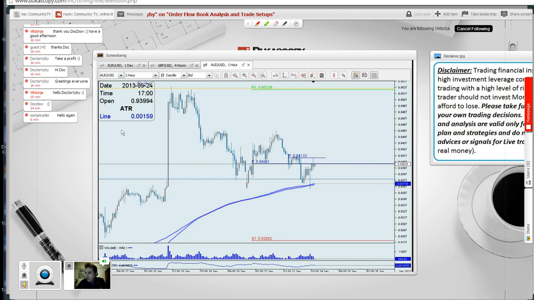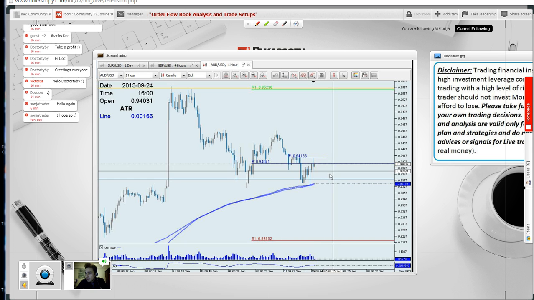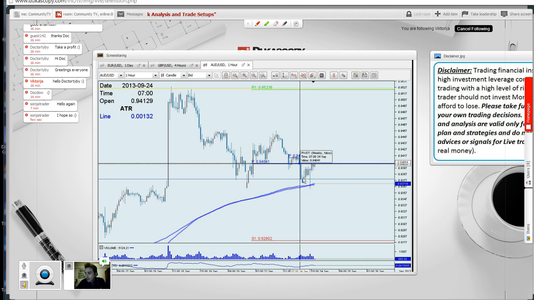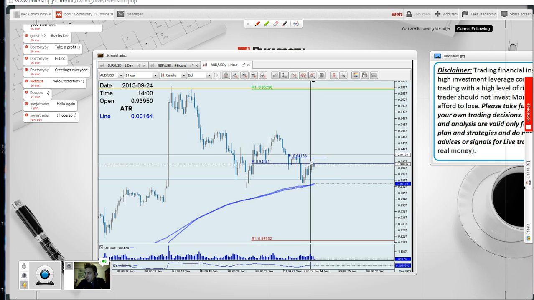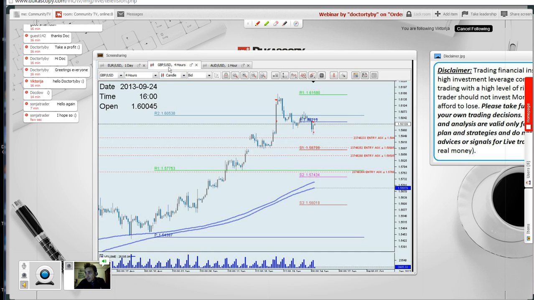And the Great Britain pound has been very well correlated with the Australian dollar. So we had initially a breakout under 0.94 triggering the stops, then it triggered the stops under 0.9360, 0.9370, and now price is moving back above 0.94 to trigger the stop orders. Main question is, where will the price stop?